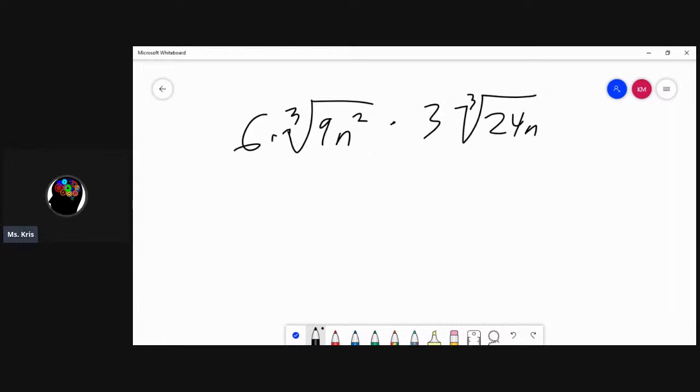Now, remember, these numbers that are on the outside of the root are multiplying to the root. Therefore, you can multiply the numbers on the outside to each other, and you can multiply the numbers on the inside to each other, as long as the root is the same. And here's how. You have 6 times 3. That gives me 18. Cube root, you have 9 times 24.